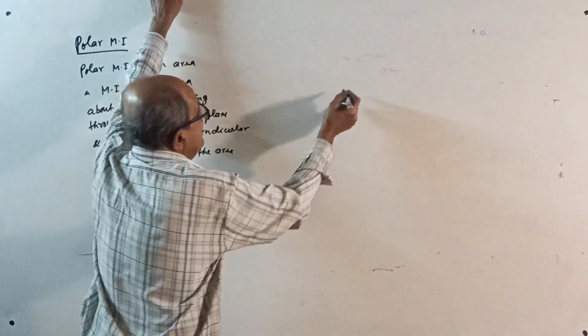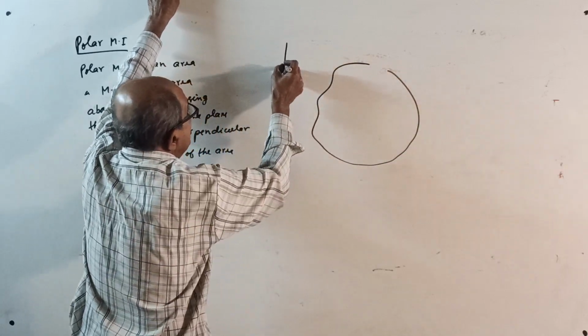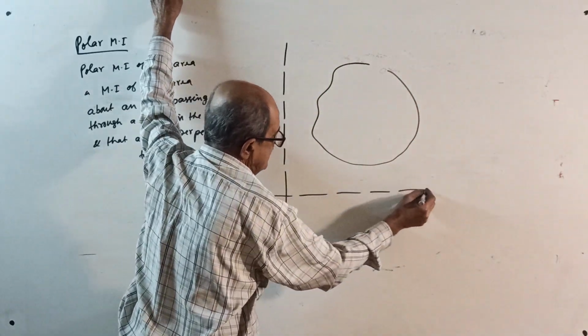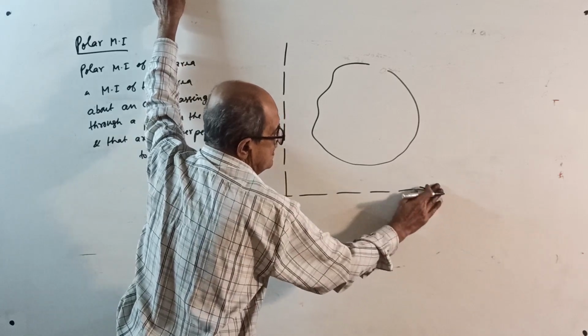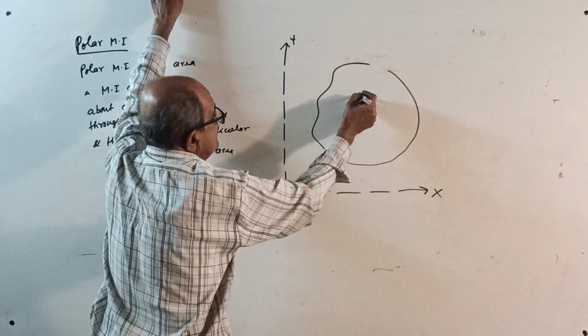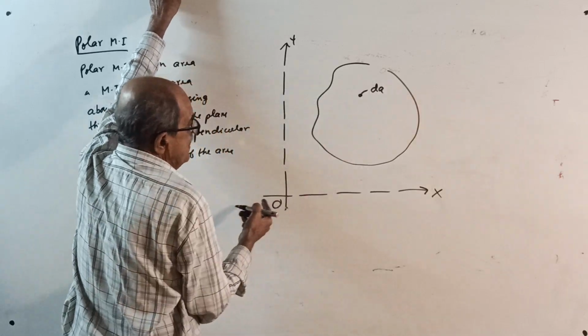That is, suppose there is an area here, randomly. You do one thing, randomly take two axes. Take O, X and Y. See, consider elemental area dA.